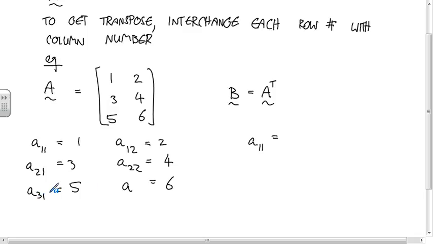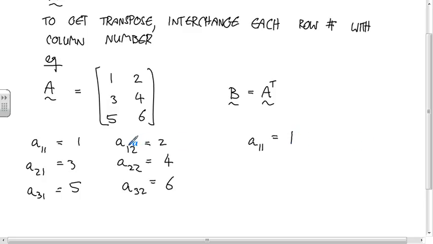So if you interchange these, you still get A11, right? It's supposed to be A32 for that last one. Sorry, A32. Thank you. Okay, so A11 is equal to 1.